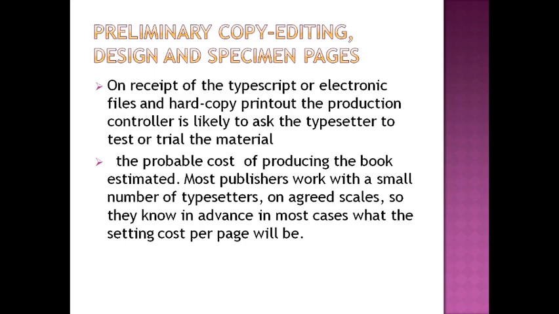We can only estimate the cost of production if we do the calculation of pages and test or trial the entire material. So it is the duty of the production controller to ask the typesetter to do these things after the receipt of this typescript, which can be in the form of an electronic file or hard copy printout.